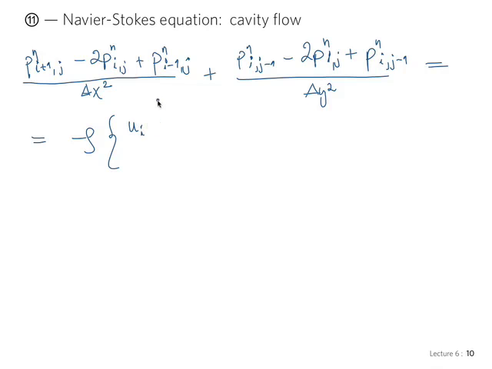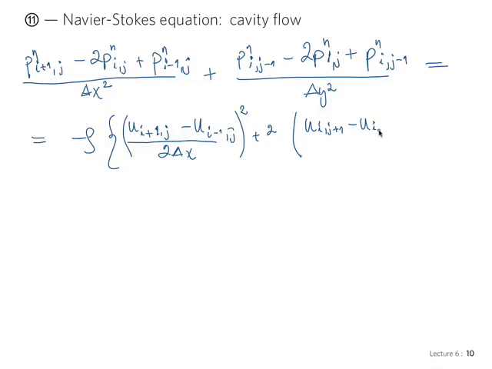I'm going to skip the n's here, just to write a little bit. u^n_i+1,j minus u_i-1,j divided by 2 delta x, and this one appears twice, so it's squared, plus 2 times we have the partial of u with respect to y, so u_i,j+1 minus u_i,j-1 divided by delta y, and dv dx.